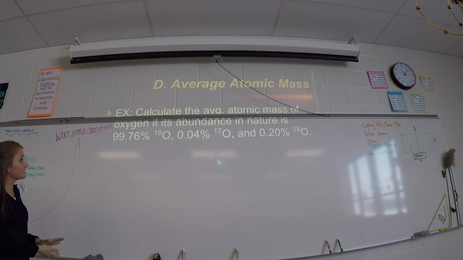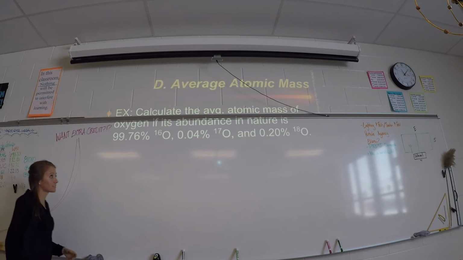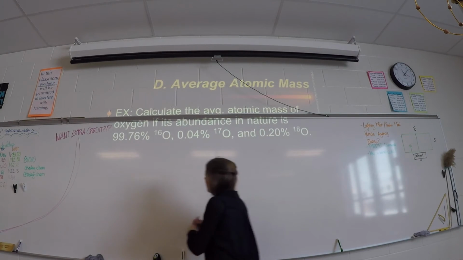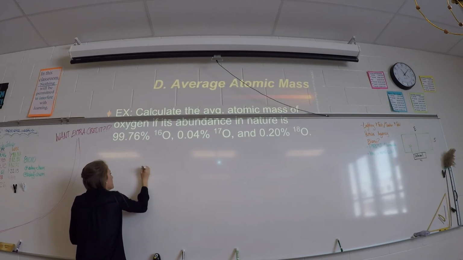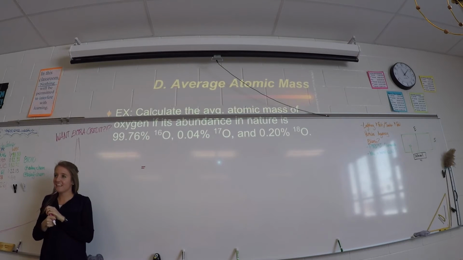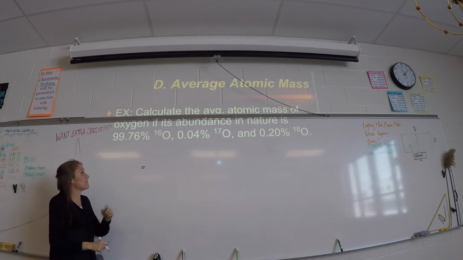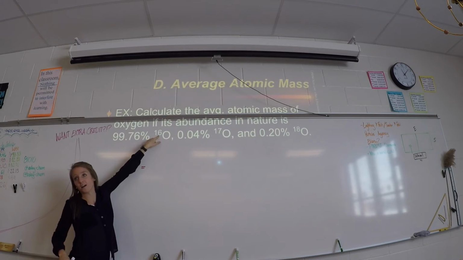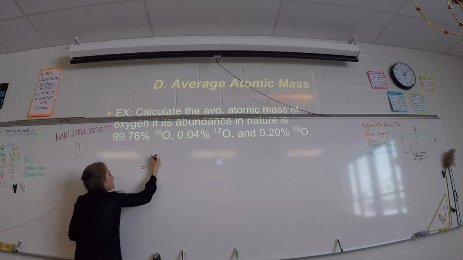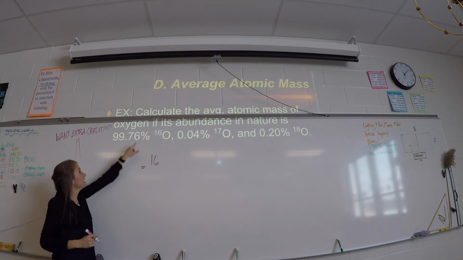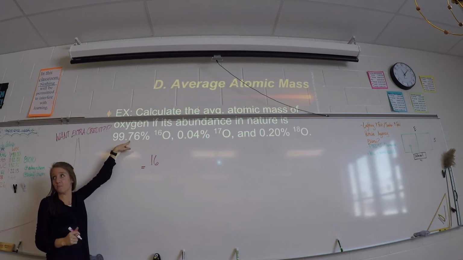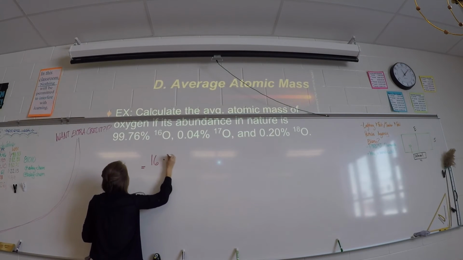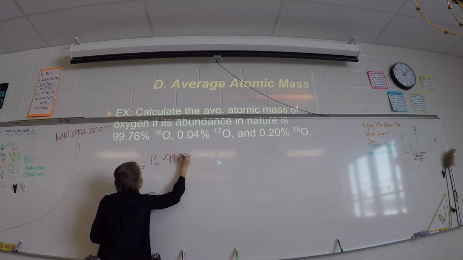So we want to calculate the average atomic mass of oxygen. Fill this in with me, ready? To calculate the average atomic mass, we need to take the mass of the isotope, so it's oxygen 16. So 16 is the mass, and we need to times it by the abundance. So 16 times 99.76.